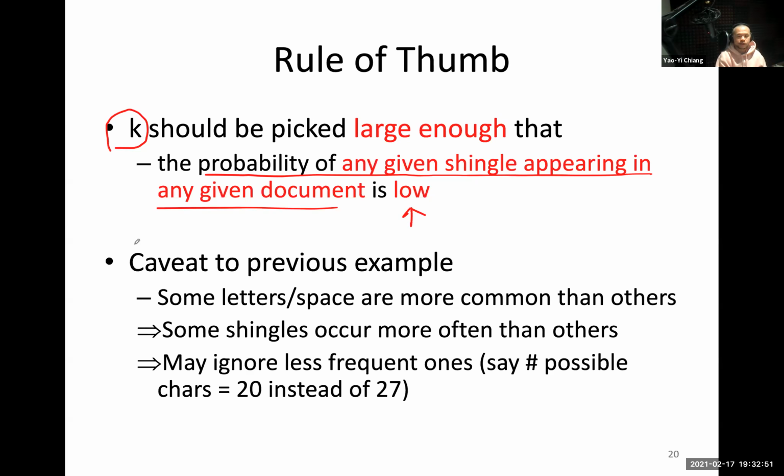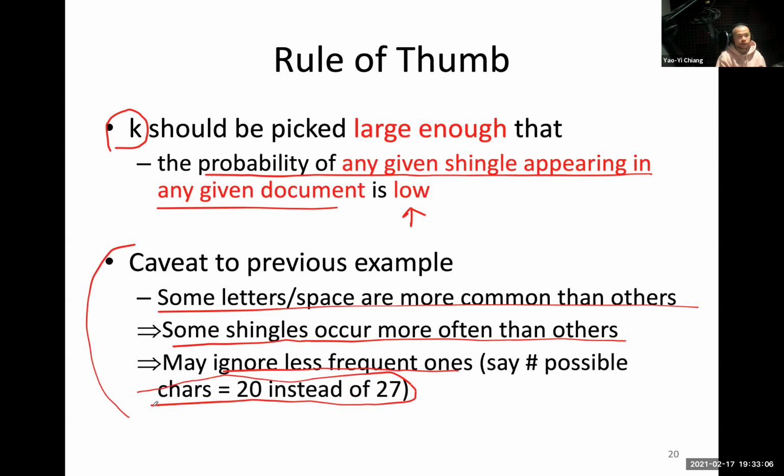But there are some caveats to the previous examples. Some letters and spaces are more common than others, so some of your shingles will occur more often. You may ignore less frequent ones, so maybe 20 instead of 27. What does it mean? Well, remember we are talking about 5-shingles, and we are saying that every location has 27 choices, so you're going to have 14 million different shingles.